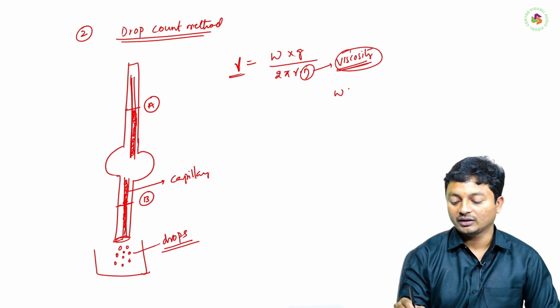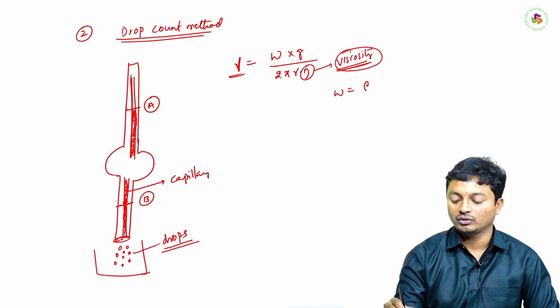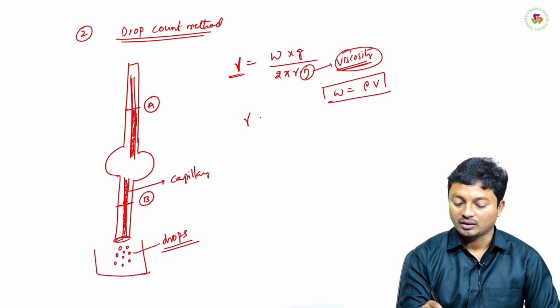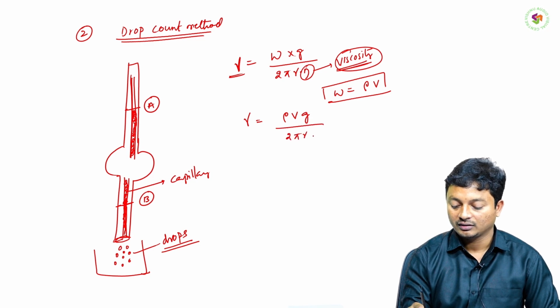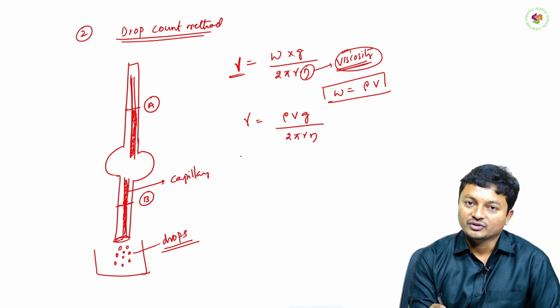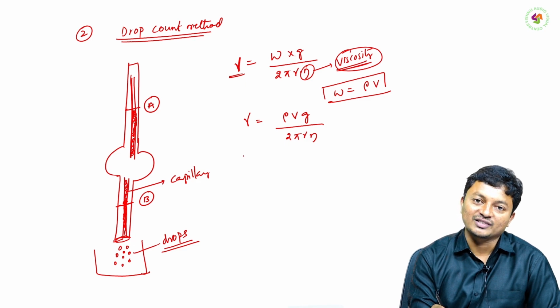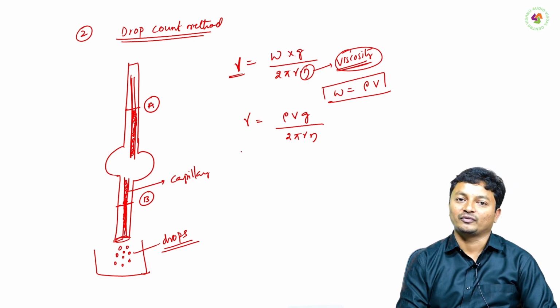As we know that W is equal to density into volume, so gamma is equal to density into volume, into G divided by 2 pi R eta. The same process can be done in two different samples because we need to compare the different samples.